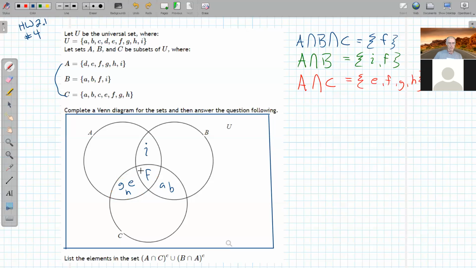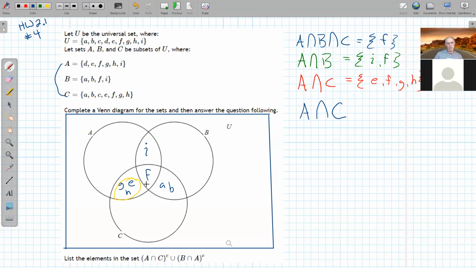I'll do some of this. If I just wanted to describe this part right over here, here's what that would look like. I'm on a slight tangent, but that would be A intersect C, because I definitely have this stuff, but I don't want all 3 of them.